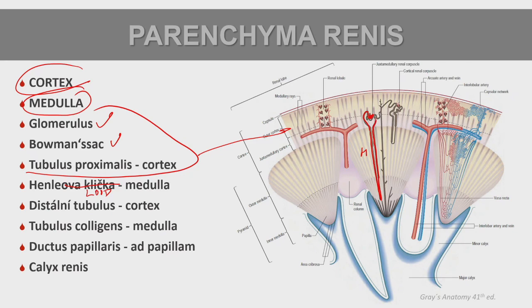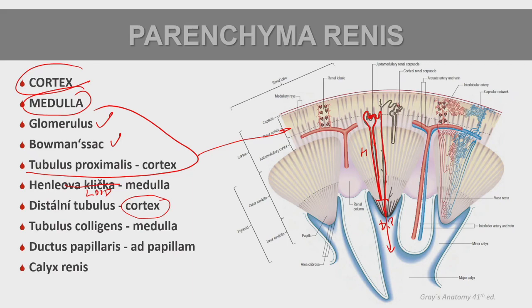And then the distal tubule goes back to the cortex, and to the tubulus colligens, and from the tubulus colligens the urine goes down to the ductus papillaris and then to the calyx.